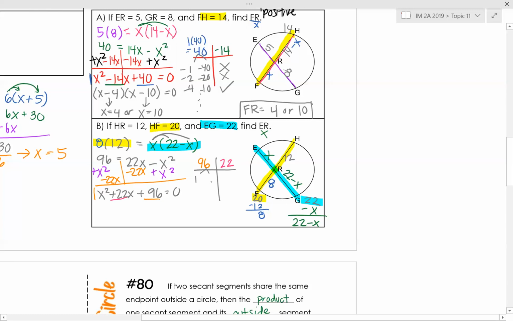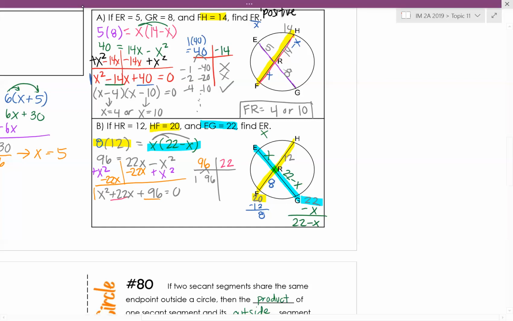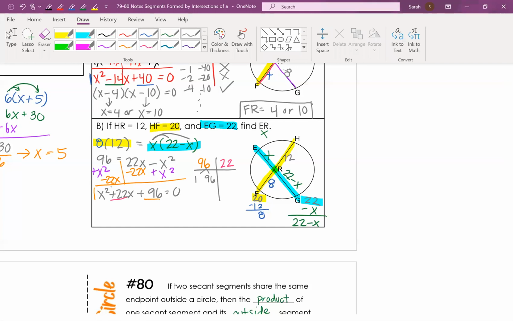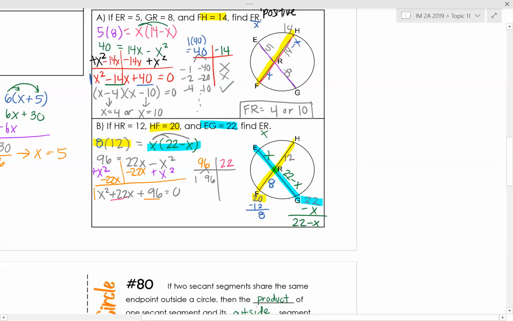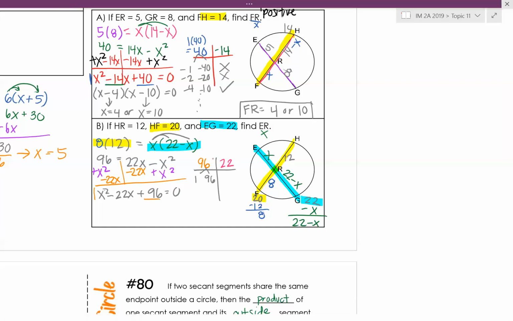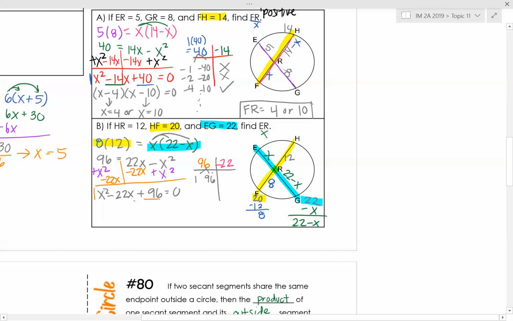So 1 and 96. Oh wait, I messed up. It's not positive 22. That says minus 22 here, but I wrote plus here. So this would be x squared minus 22x. So it's a negative 22 here. So I was wrong. Both of these are negative again in order for us to get that negative 22. So that's not going to be anywhere near 22.